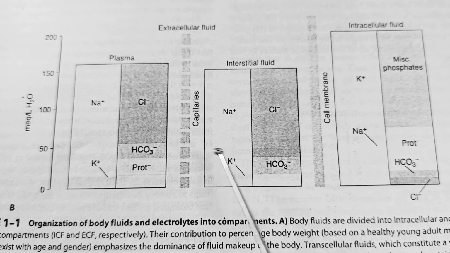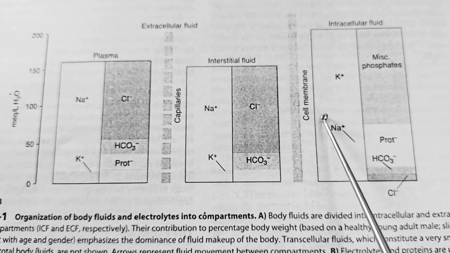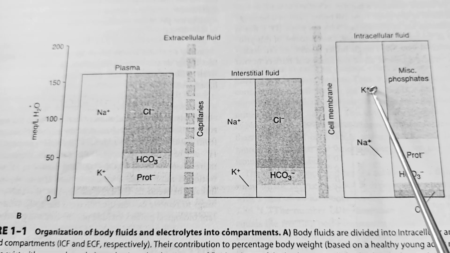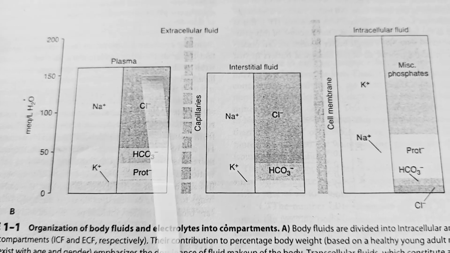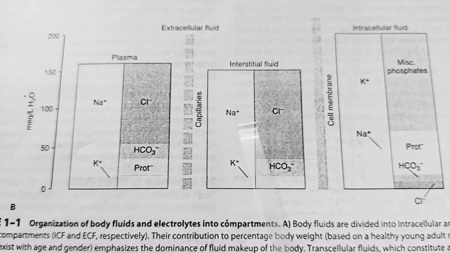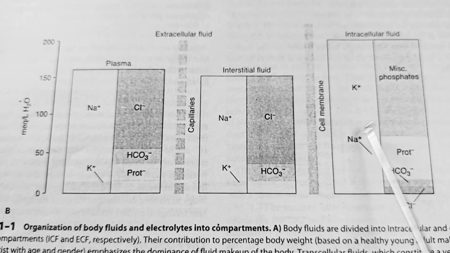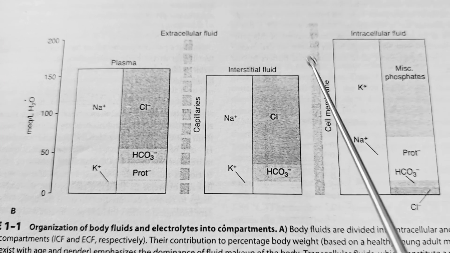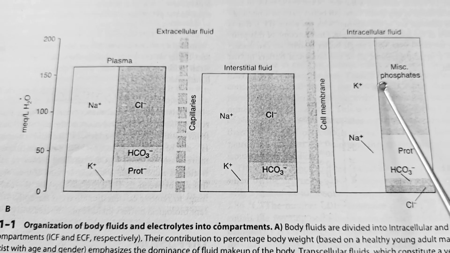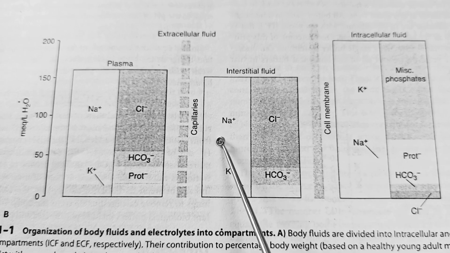But the opposite is true in the intracellular fluid. Here we can see the potassium ion concentration is more and sodium ion concentration is less. This is the difference between these two fluid compartments, and this is the difference in the solution.